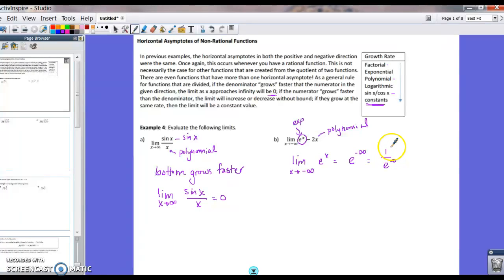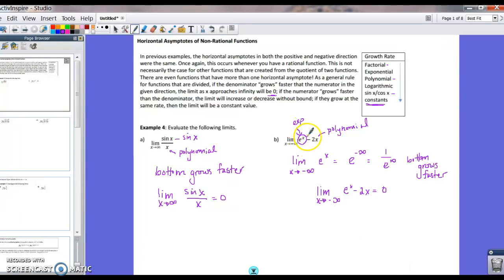My numerator is a constant. My denominator is exponential. So my denominator is going to grow faster. So since the bottom grows faster, I can then say the limit as x goes to negative infinity of e to the x minus 2x is going to be 0.